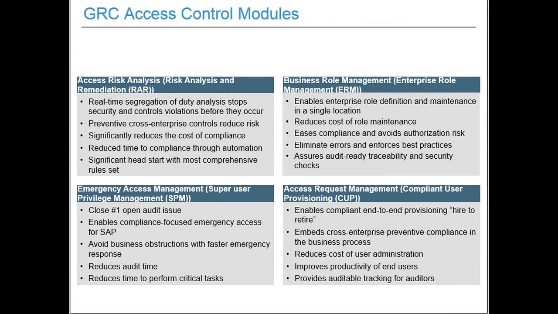The fourth important module of access control is CUP, which is Compliant User Provisioning, and now it is called ARM, or Access Request Management. In Access Request Management, everything is automated. The signatures, the approvals, all the processes are now automated.